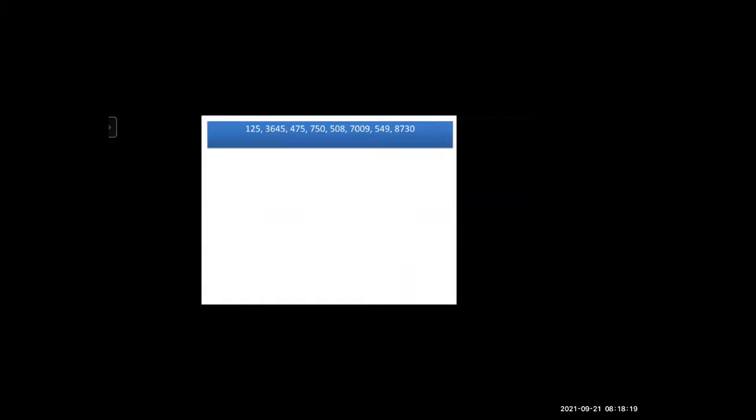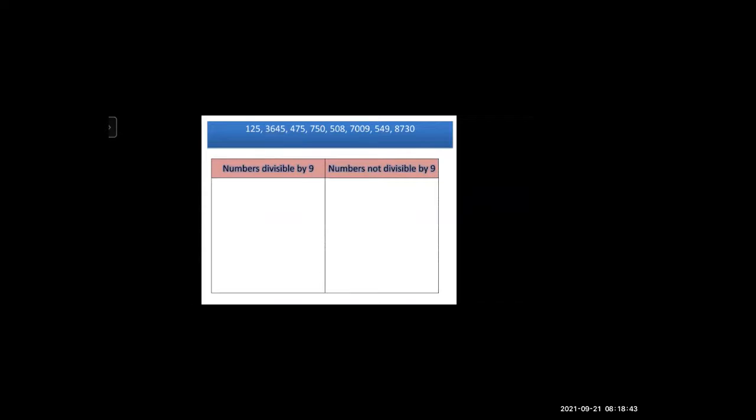Now we'll take a few more examples for the divisibility test of 9. This time everyone is going to answer the question. I'll ask the question to an individual person, and that person is going to answer. Again, there are numbers given to you all, and you are supposed to tell me whether the numbers are divisible by 9 or not. So we had made a tabular column.